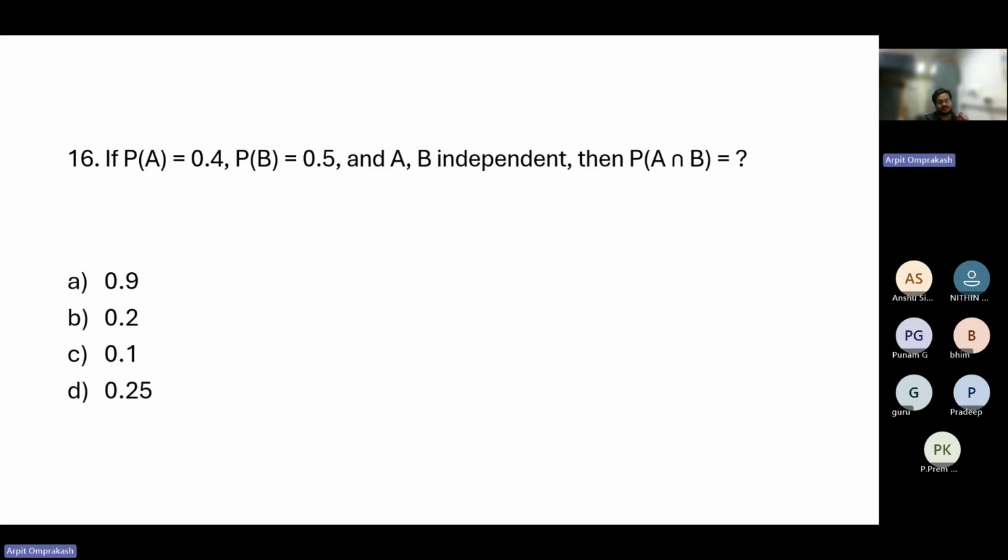Now, if the probability of event A happening is 0.4 and the probability of event B happening is 0.5, and we know that A and B are independent, what is the probability of A and B happening together? Probability of A intersection B. What is the answer here?